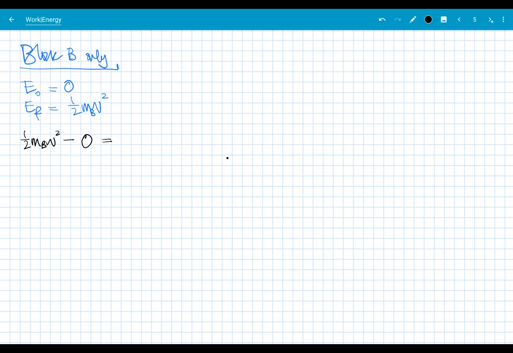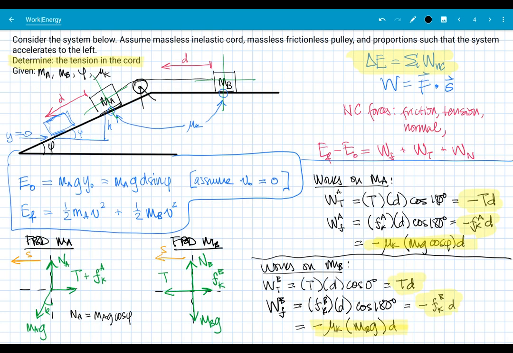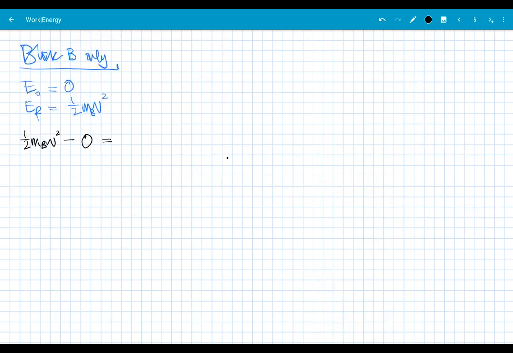And then I have to go back and remind myself what are the works on block B. So if I look at block B, I remind myself, oh yeah, we had positive work done by tension and negative work done by friction. So mu_k m_B g D. Let's just go back and make sure I didn't forget anything.